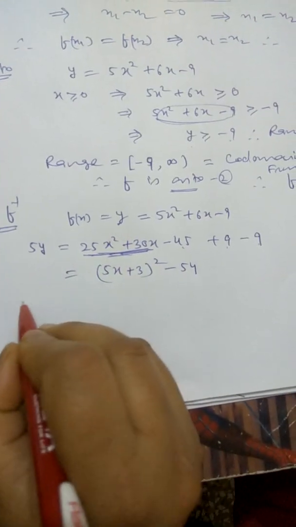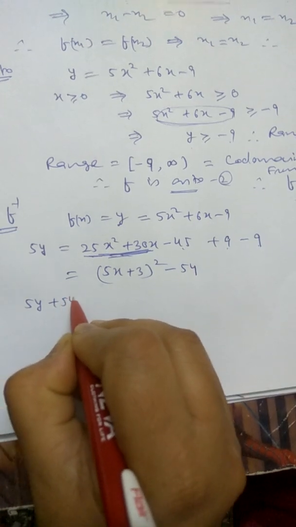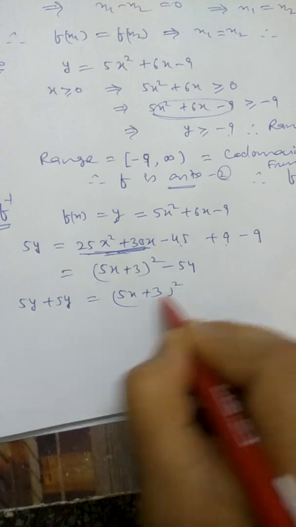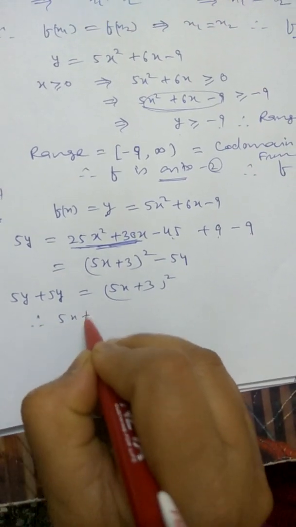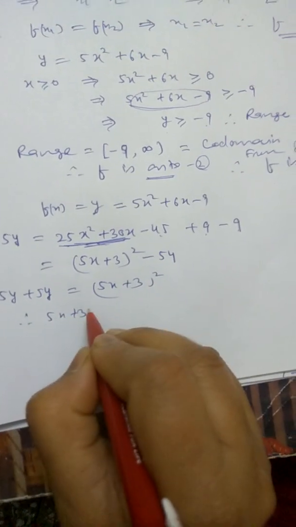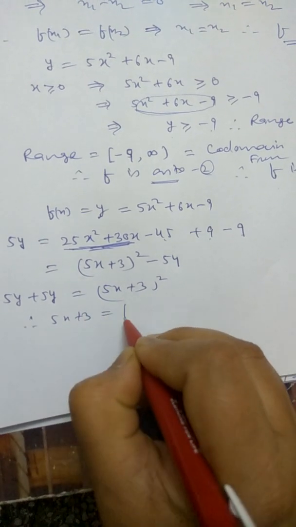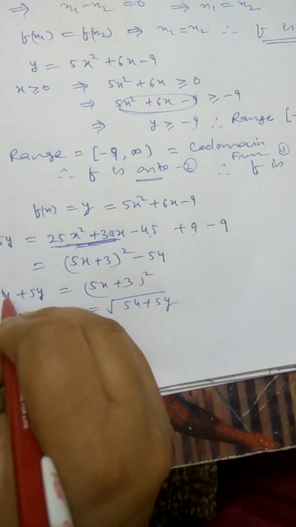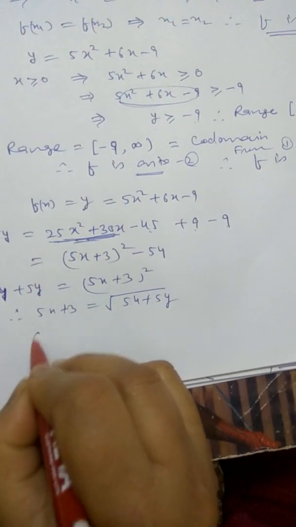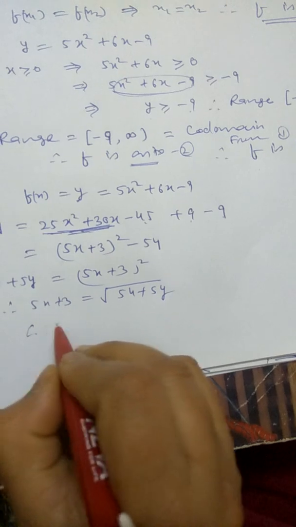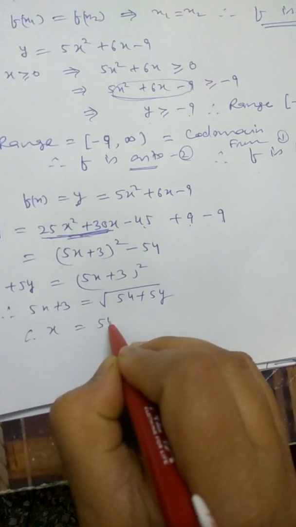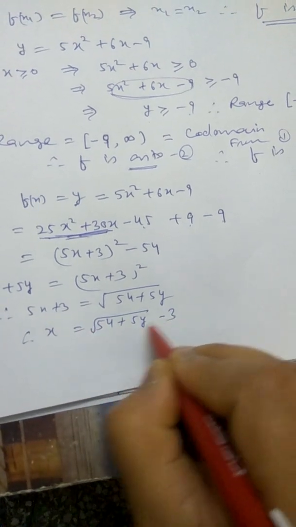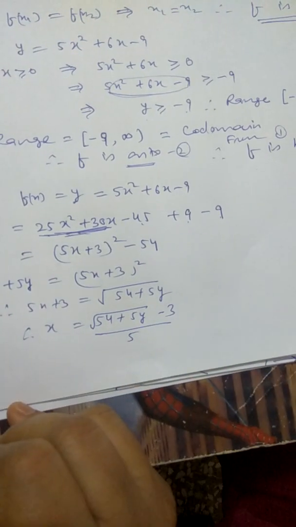Considering this side, 5y + 54 = (5x + 3)², and therefore 5x + 3 = √(54 + 5y), and therefore x = (√(54 + 5y) - 3)/5.